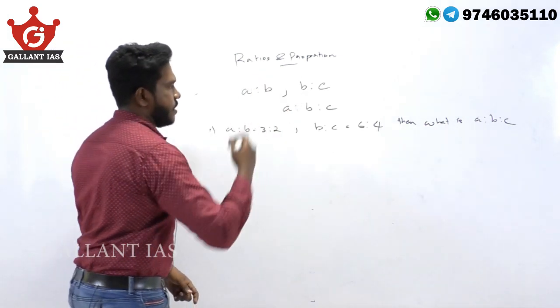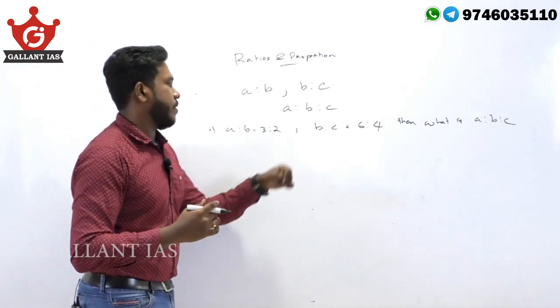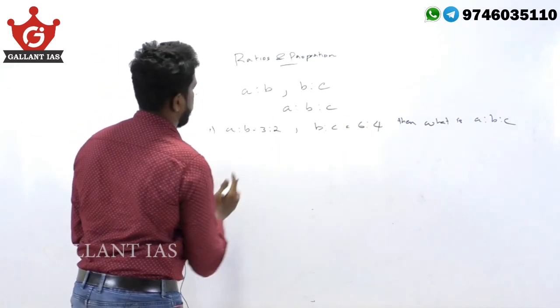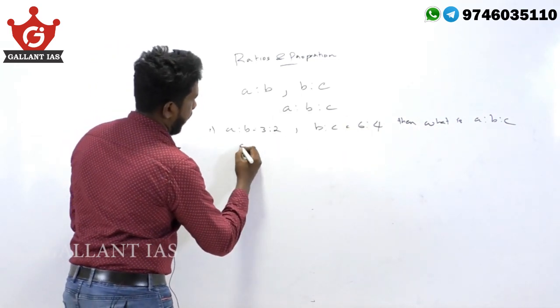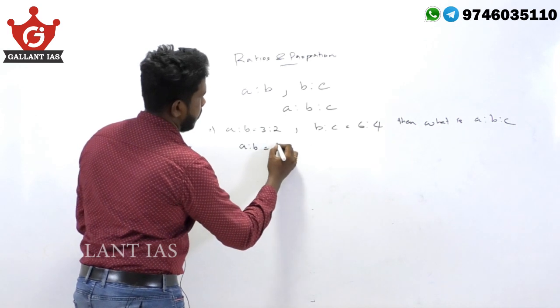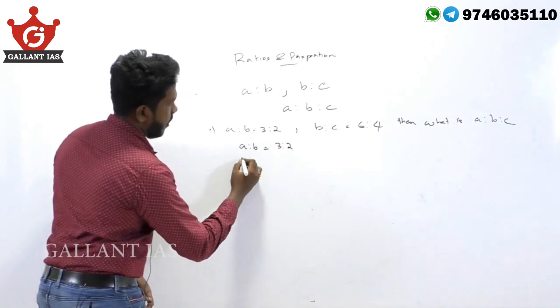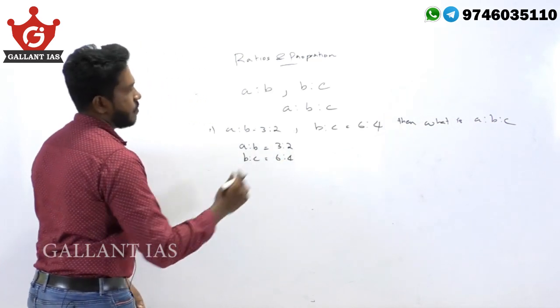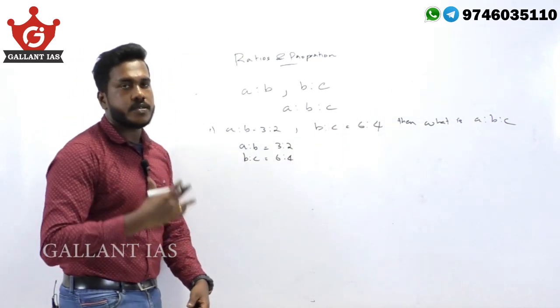So let's check how we can do this problem. A is to B is 3 is to 2 and B is to C is 6 is to 4. Our question is to find A is to B is to C.